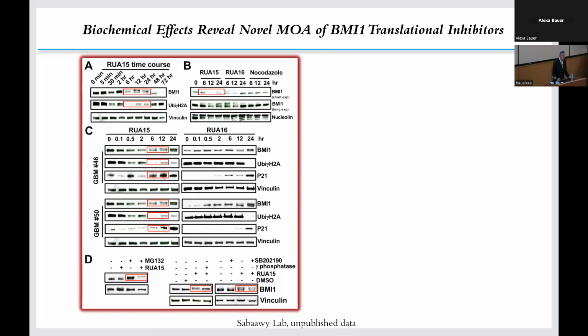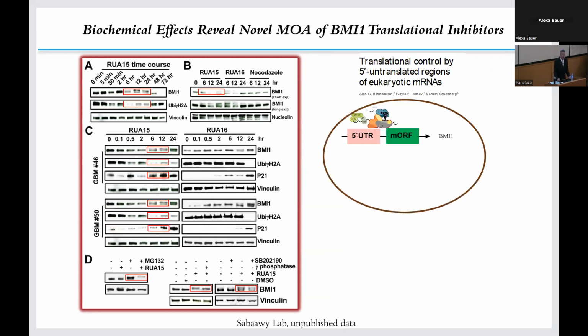of BMI1 expression within 6 hours. You could see hyperphosphorylation at about 12 hours, and this leads to proteasomal-derived degradation that is dependent on phosphatases, but not dependent on P38 kinase upstream of BMI1.